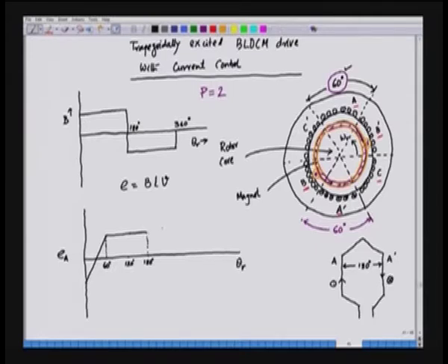And after the end of a span of 120, the winding will again see the north pole. So, the south pole will be going away and the north pole will be entering, and again that will be a duration of 60 degree.